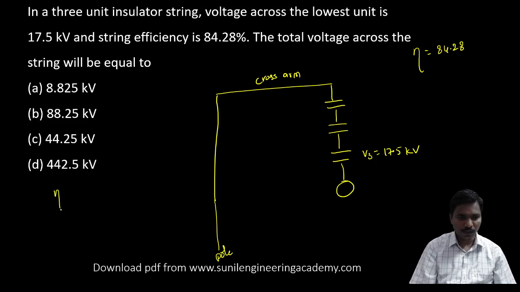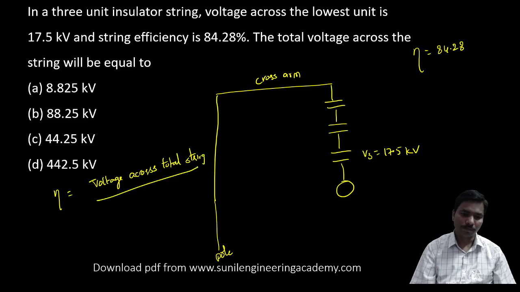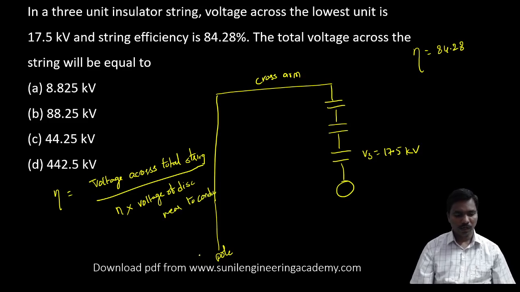We have the formula. String efficiency is equal to voltage across the total string by number of discs into voltage of the disc near to the conductor. Okay, near to the conductor.